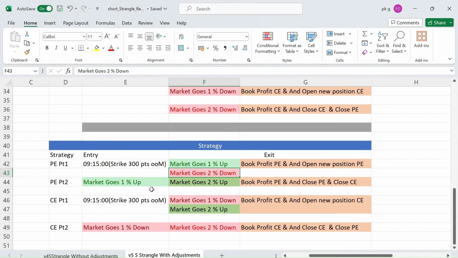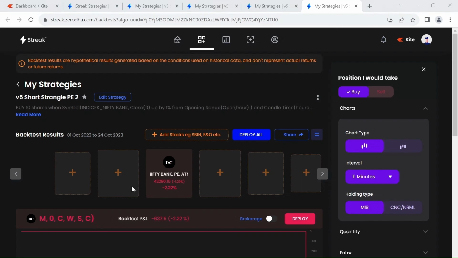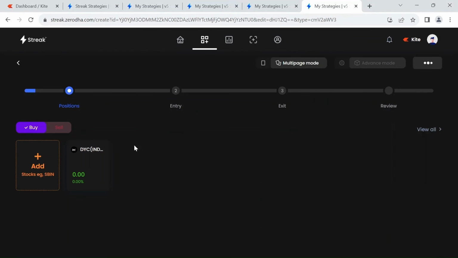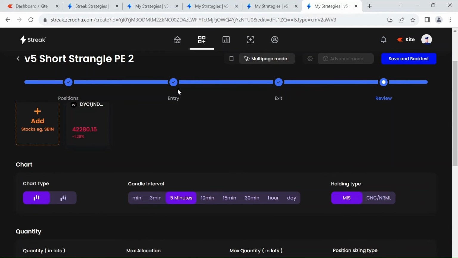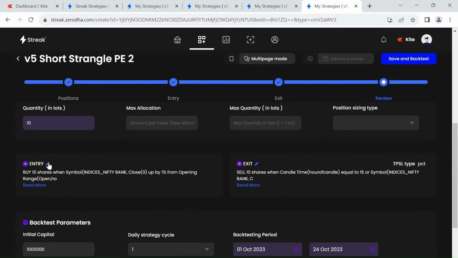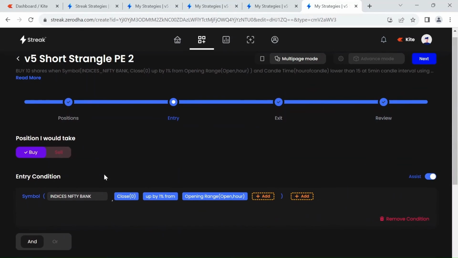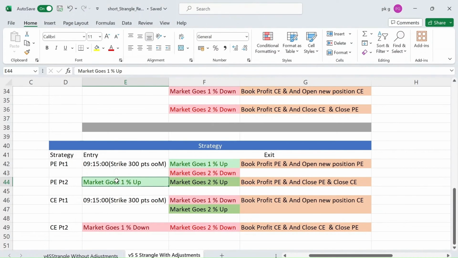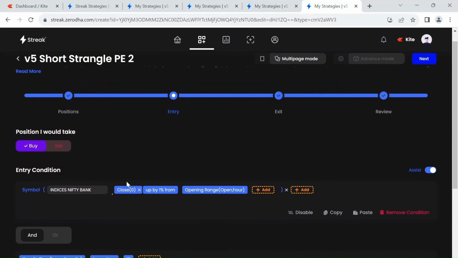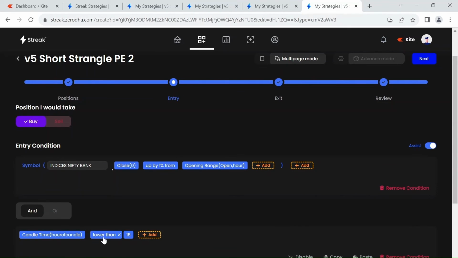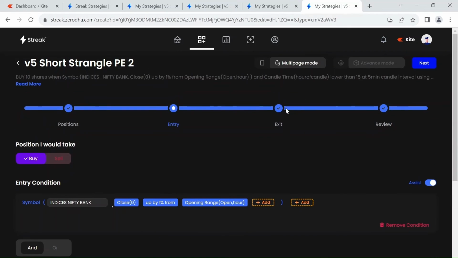And PE part 2 will be, just like CE, I have added PE at the money strike here, and all these conditions are the same. Entry is when market is up by 1% and the time is less than 3 o'clock, then we will enter.